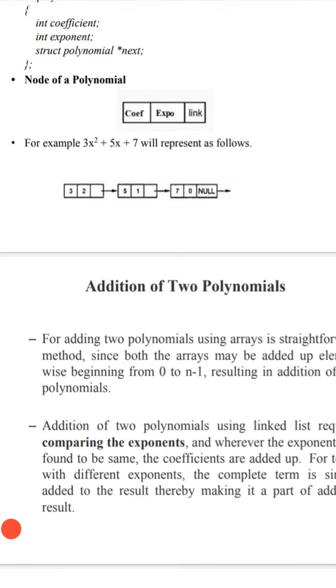So we can represent the third node: the coefficient is 7, the exponent is 0, then the link part is null. Because in the linked list, the link part of the last node is specified as the null value. So this is the example of representing a polynomial equation using a linked list.